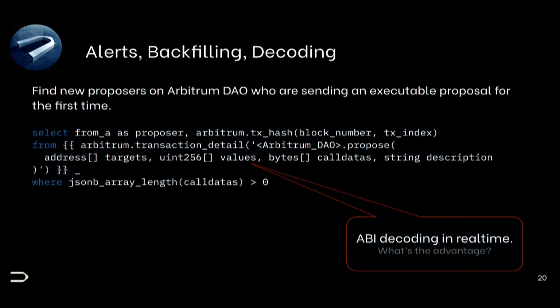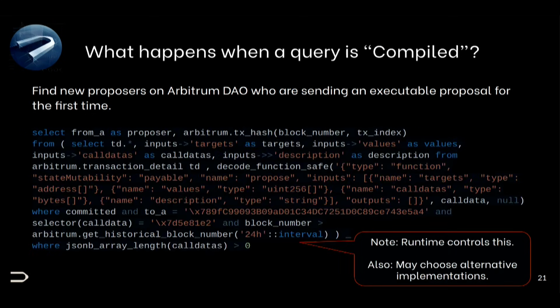This is the query that you write. This is the compiled version. And the compiled version takes care of inserting code that real-time decodes the ABI that I'm currently looking at. And it also inserts code that makes sure that I'm only querying that interval that I need to query in that particular execution context. Okay?